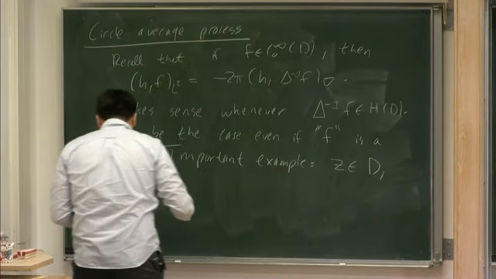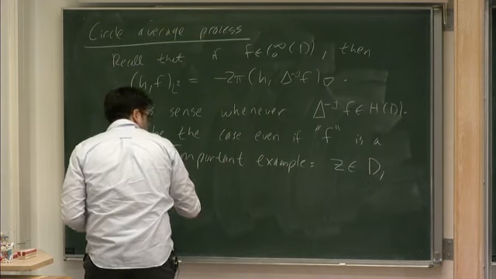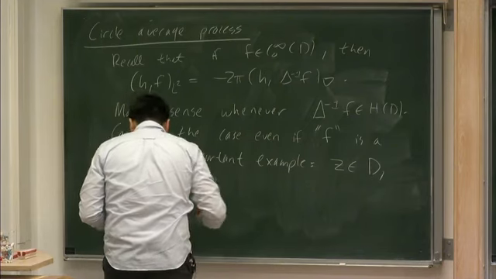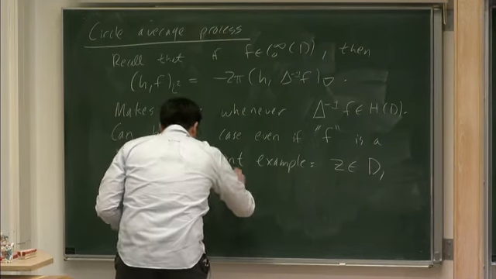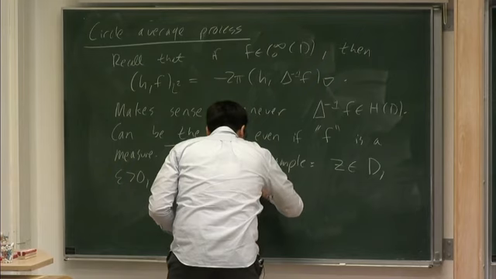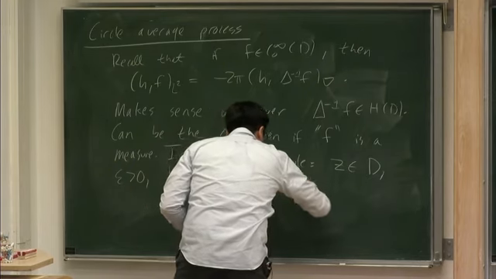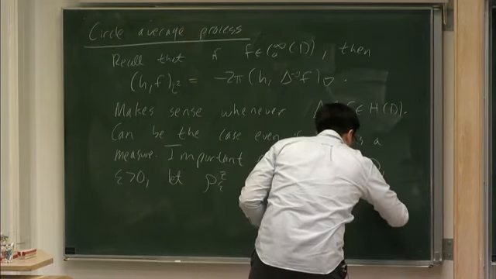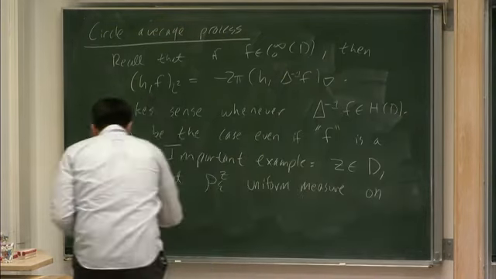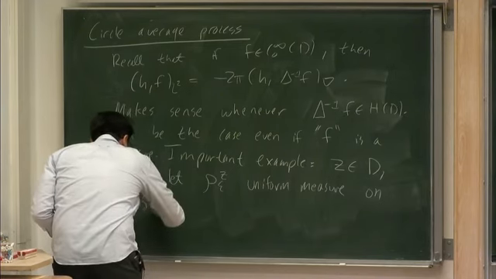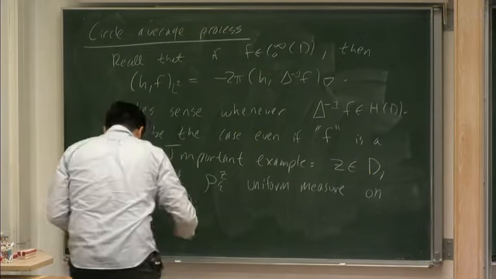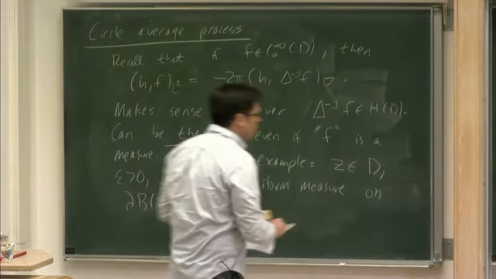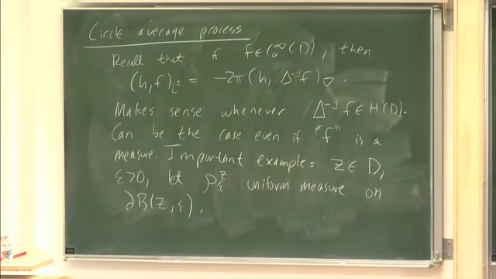Then I'm going to let rho sub epsilon z be the uniform measure on the boundary of the ball centered at z of radius epsilon. Okay, so this is a measure we can look at.